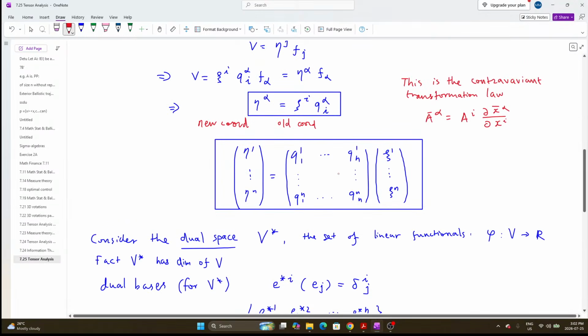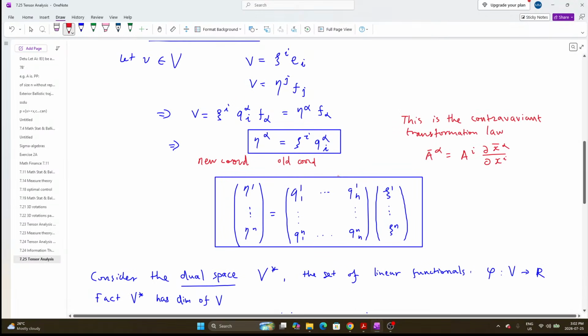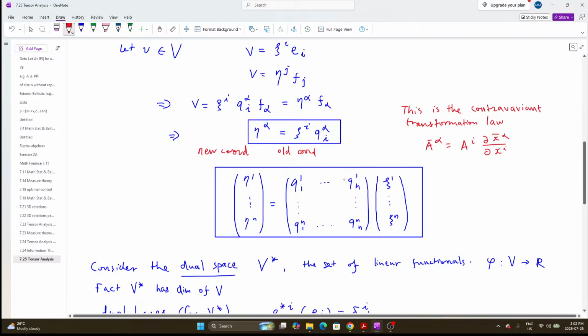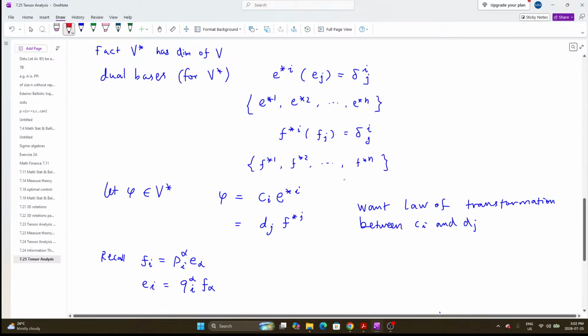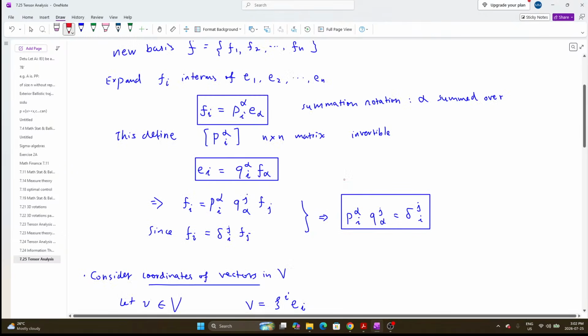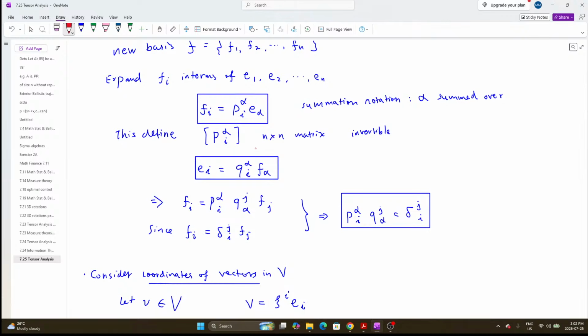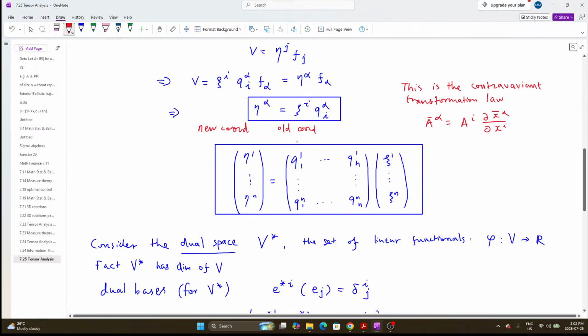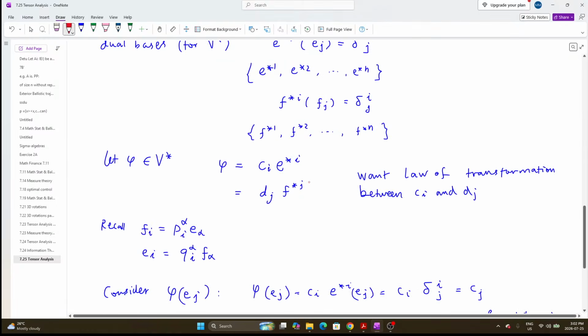Before, we used the, hold on a second. This is not right. Something is messed up. F is P. Alpha. Hold on a second. This should be the inverse. Why am I using Q?